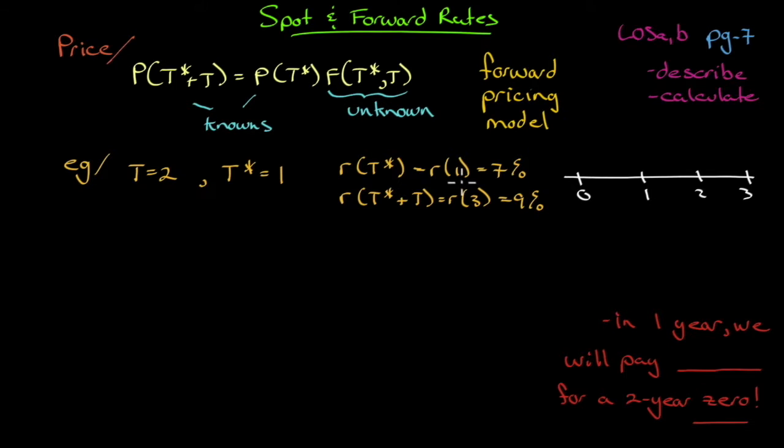Well, I have a spot rate for 1 year, so I have this rate at 7%. I have a spot rate for 3 years, T star plus T, and I have this one here at 9%. This is my wild card, but I'm not looking for f. I'm looking for the discount factor, capital F. So that means I need to turn this into a discount factor and turn this into a discount factor.